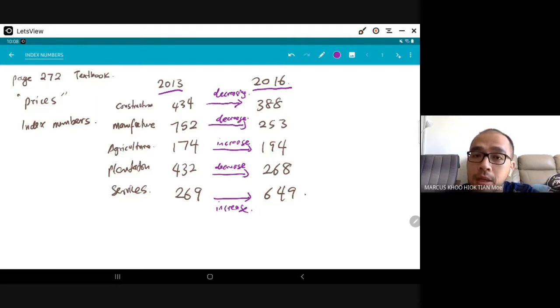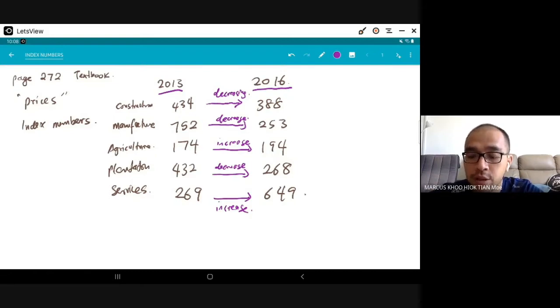When you deal with the real world, with businesses, or with people in the workplace, they don't just want to know whether it decreased or increased, but they want to know how many percent it has increased or decreased.